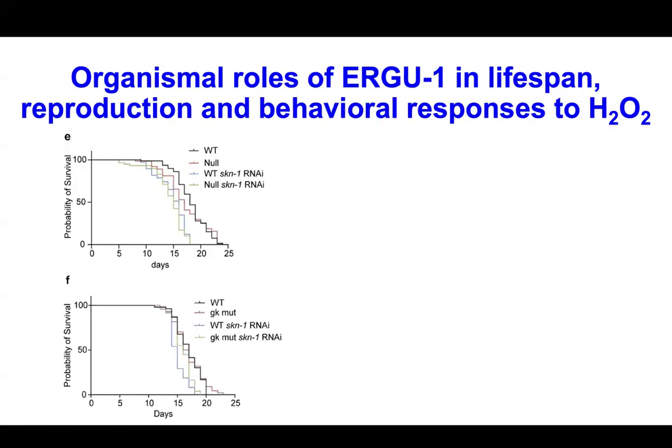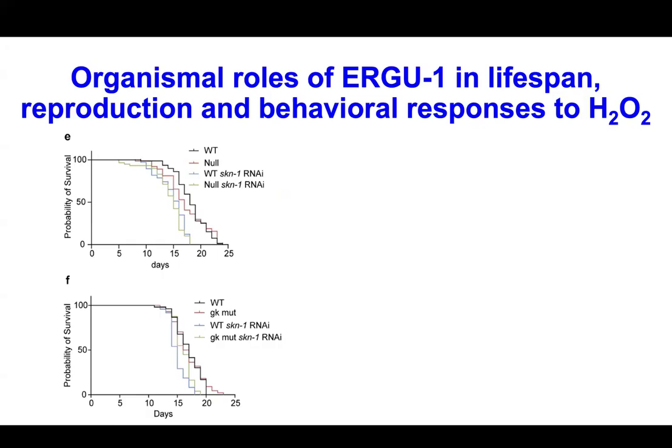So it turned out that the overall lifespan of the mutant animal, the non-mutant and splicing mutant animal, they are largely normal. They are a little bit shorter-lived than wild type, but otherwise largely normal in terms of lifespan under normal condition.